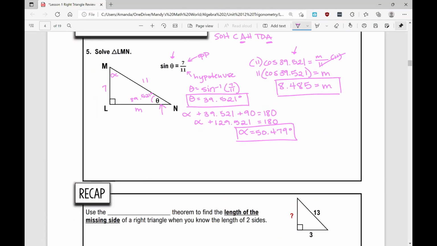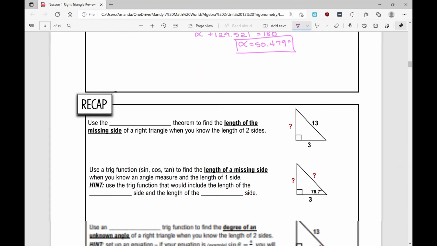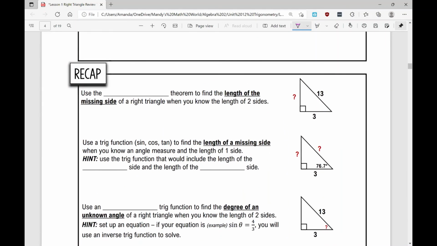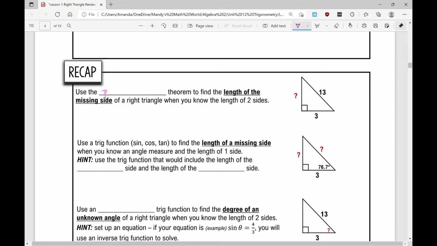So let's recap what we've just done. We can absolutely use the Pythagorean theorem to find the length of a missing side of a right triangle when you know the length of two sides. And that Pythagorean theorem is a squared plus b squared equals c squared.